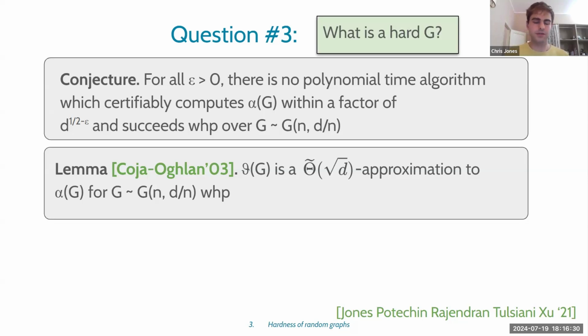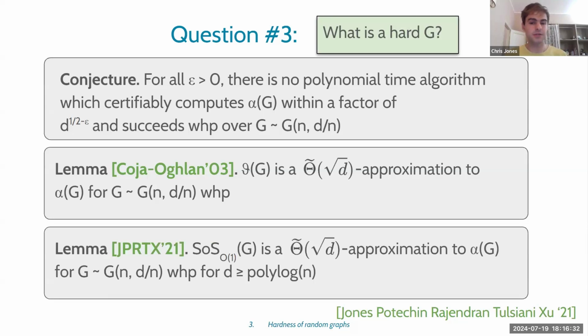What we also prove is that higher degree sum of squares relaxations do not improve on the Lovasz theta function, which I'll remind you is also equal to the degree 2, or the lowest level of the sum of squares hierarchy. So for these higher level sum of squares algorithms, they still do not beat the square root d factor approximation to alpha of G with high probability.